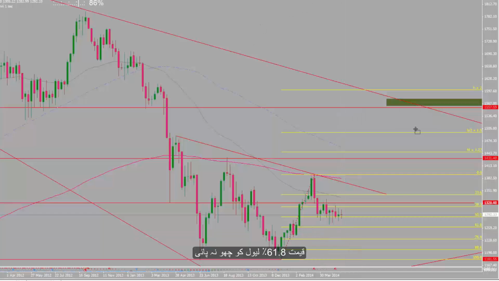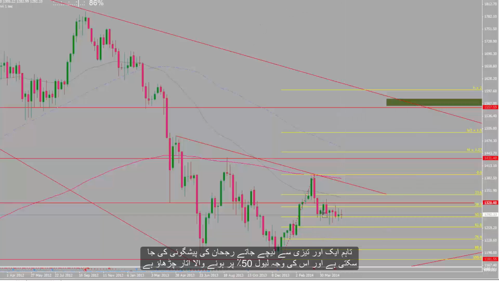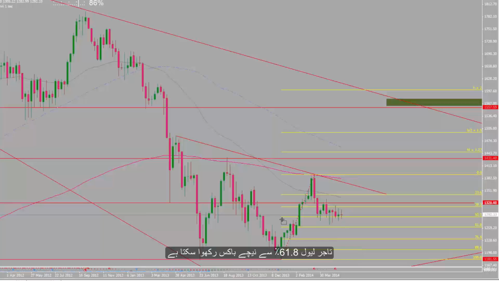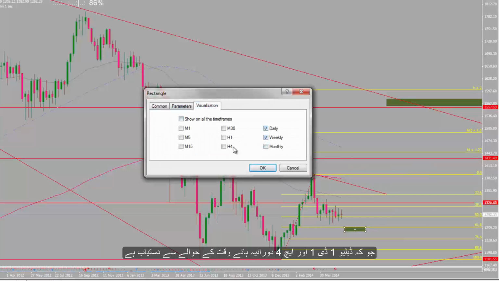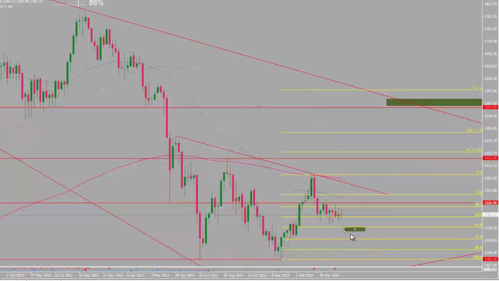Price did not touch the level 61.8%. However, another sharp decline would be probable due to the fluctuations on level 50%. A trader can place a box under level 61.8% with the description 61.8 FW, available on W1, D1 and H4 timeframes.